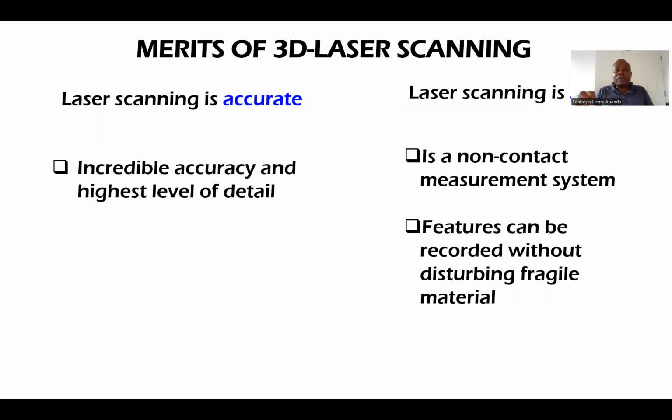Laser scanning is also very accurate. That's one of the best advantages of 3D laser scanning. And of course, it is very safe. It is a non-contact measurement system, a non-contact, non-destructive surveying technique.